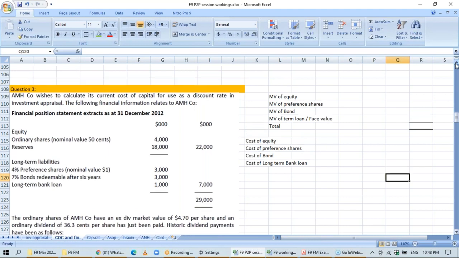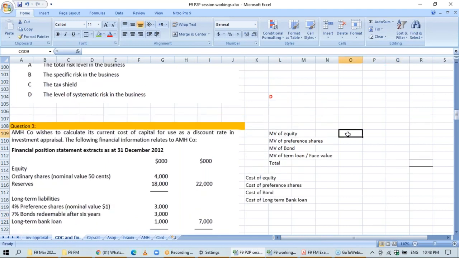Now, starting with the first item, the market value of equity. For the market value of equity, what you need to know is the share capital. The company has a capital of $4 million and each share is worth 50 cents, meaning 4,000 multiplied by 2. How many shares? 8 million shares. Each dollar is divided into 2 ordinary shares of 50 cents each, right?